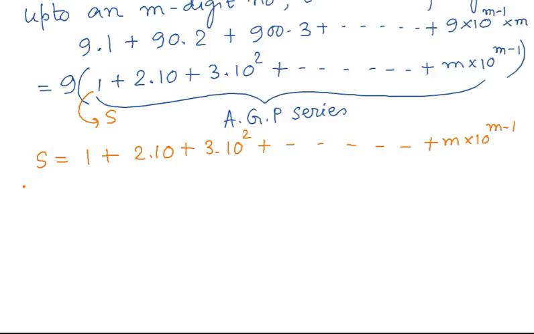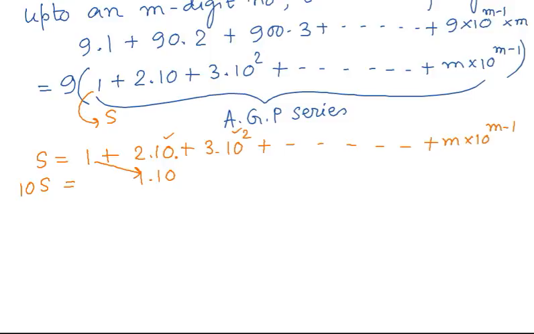To find s, we take the common ratio of the GP, which is 10: 10, 10 square, 10 cube, like that. We multiply the whole series by that common ratio 10, so 10s, and shift one place to the right, multiplying this 1 with 10 and writing it here.